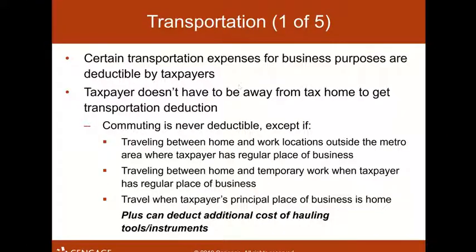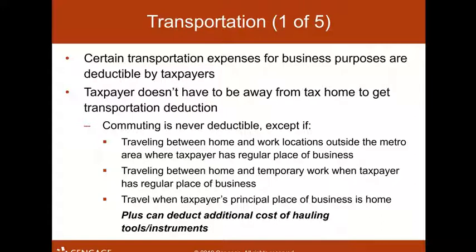So we're now looking at transportation. For transportation here, it can be by aeroplane, rail, or bus, or car, which is mainly called automobile. Certain transportation expenses for business purposes are deductible by the taxpayer. The taxpayer doesn't have to be away from tax home to get a transportation deduction.